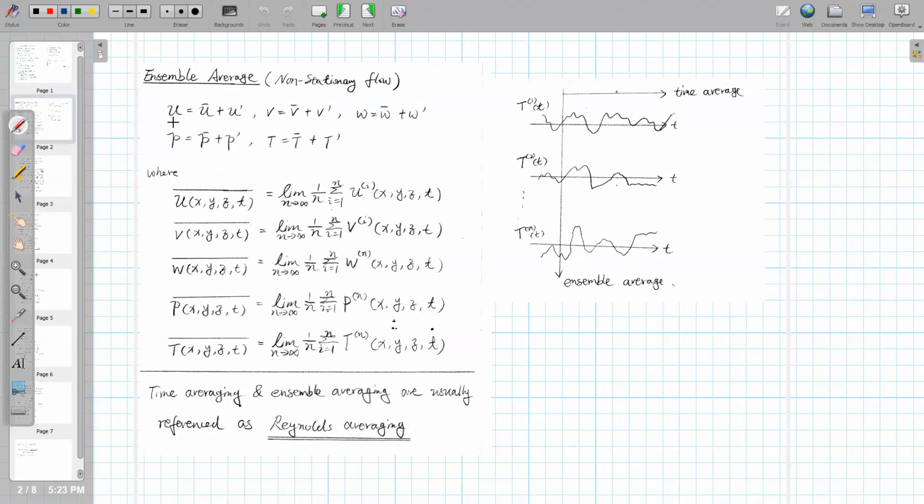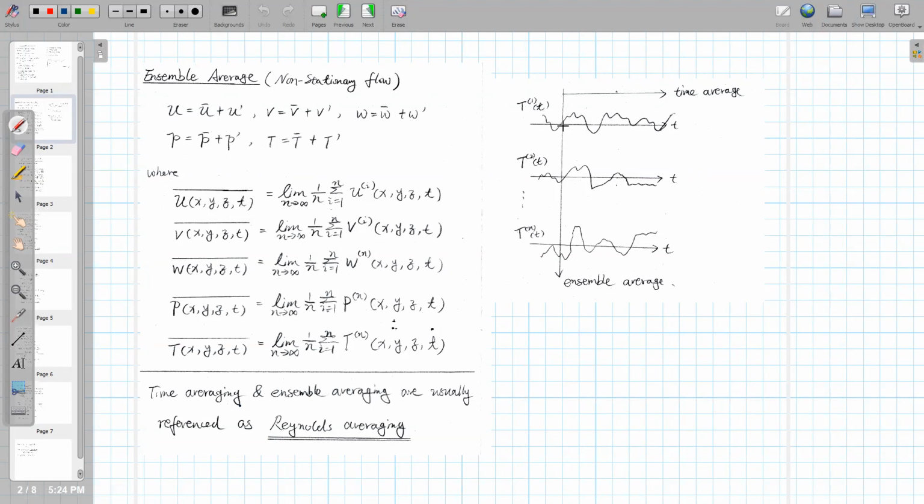So for the instantaneous result, it will be the averaged part and the fluctuating part. But the averaged part is not calculated by the integration of time anymore. It's based on your realizations, the number of sampling realizations. Basically, it is unsteady state, right?